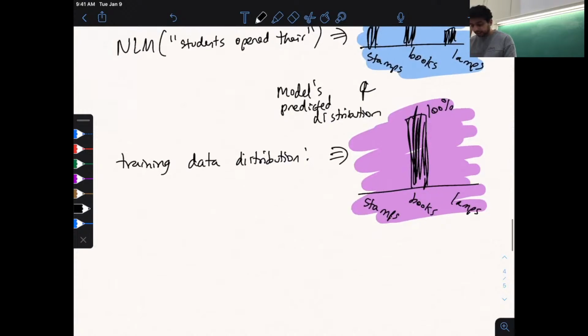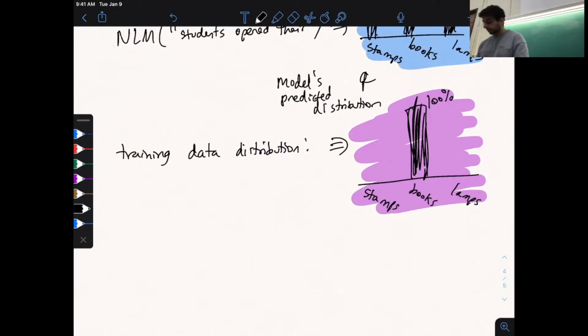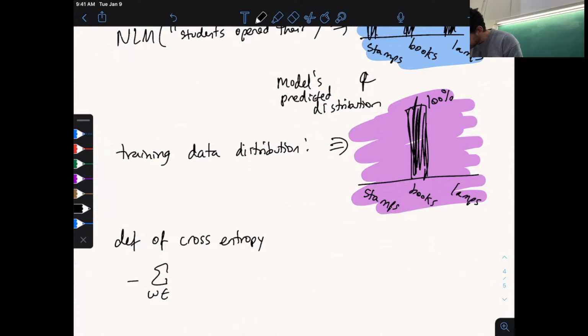And if you are familiar with the definition of cross entropy, it's basically a kind of distance measure between two different distributions. And so we can compute this by summing over all of the words in the vocabulary, this product of the training data distribution times the log of the model's predicted distribution.